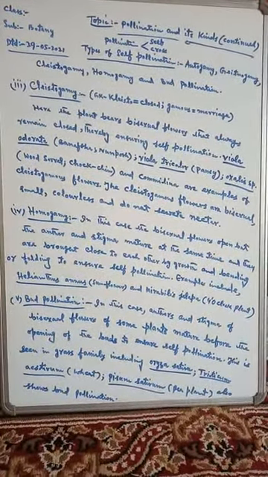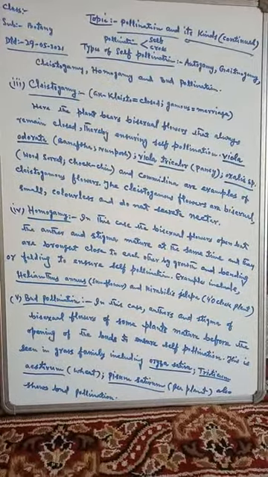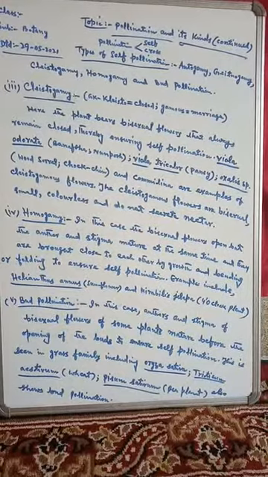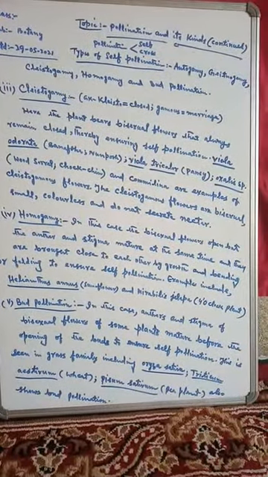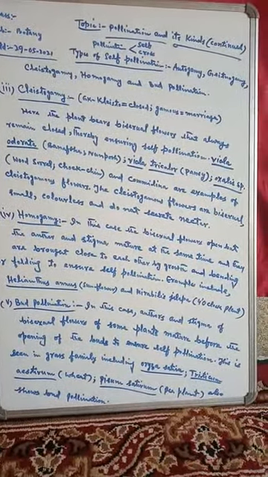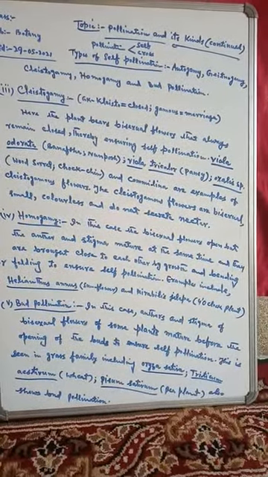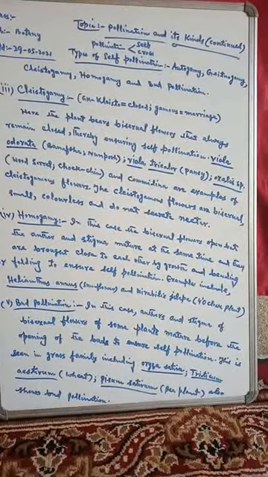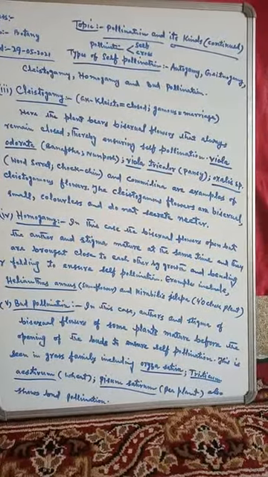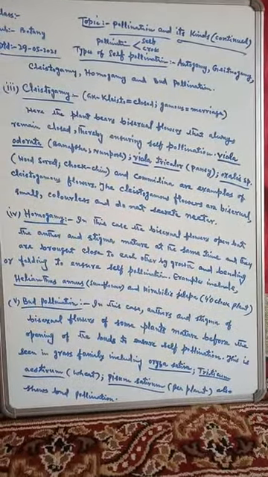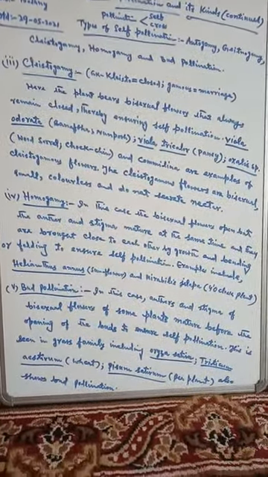Then comes the fourth type of self-pollination, that is homogamy. In this case, the bisexual flowers open, but the anthers and stigma mature at the same time, and they are brought close to each other by growth and bending or folding to ensure self-pollination.